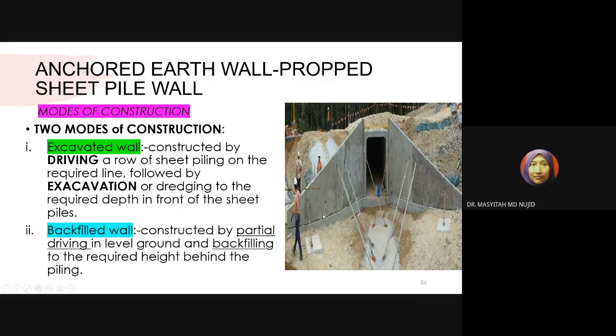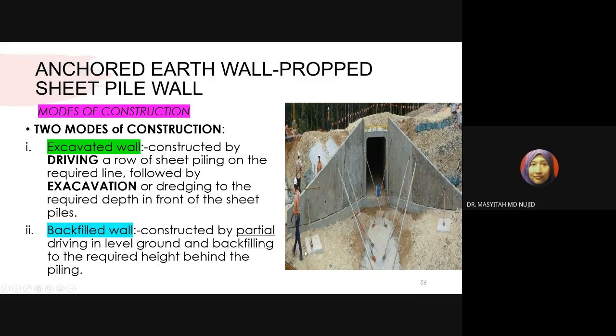It means you have identified a row line of the rod anchors, and then you drive in to the required depth and excavate according to the specified depth.